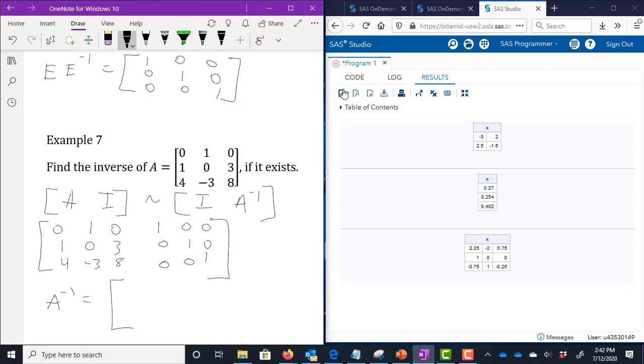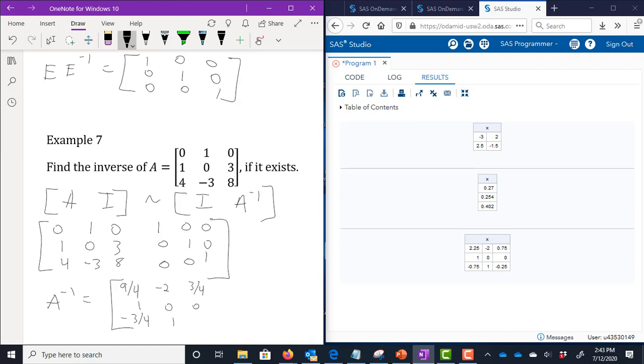Since we want the inverse matrix, we need to use that Gauss-Jordan elimination method. But this gave us here 2.25, and this is supposed to be 9/4, a negative 2, 3/4, 1, 0, 0, and then negative 3/4, 1.